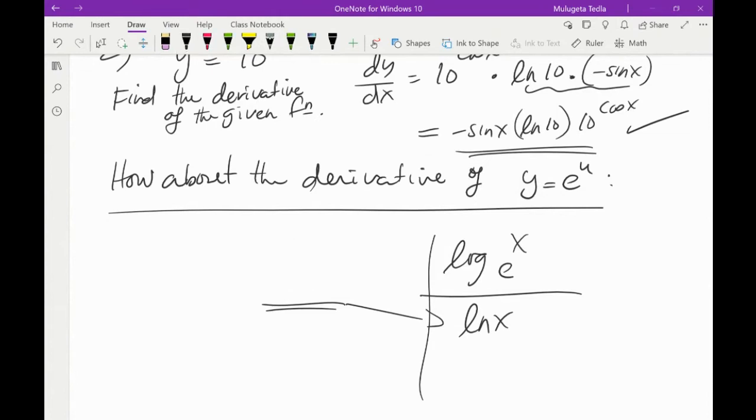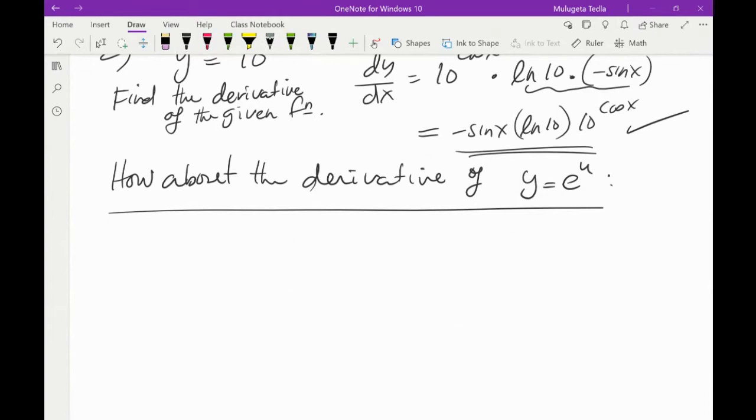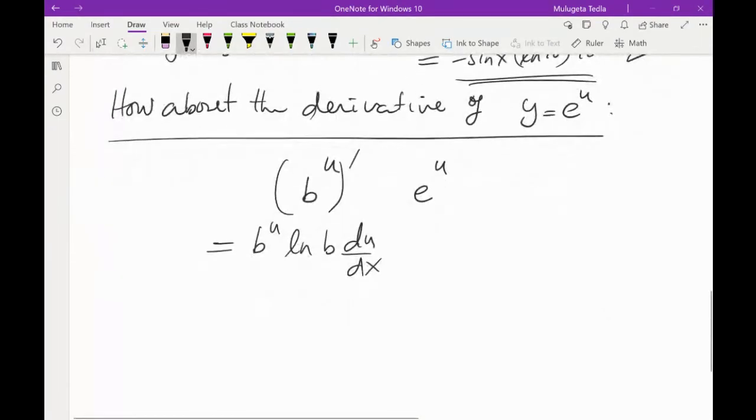Now we have exponential functions: b to the u versus e to the u. The derivative of b to the u we have seen already: repeat itself times ln of b times du by dx. So what would be the derivative of e to the u by dx then?